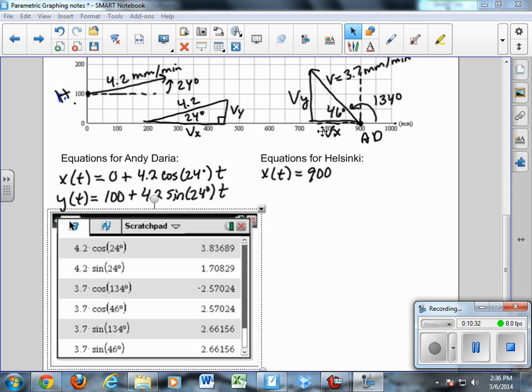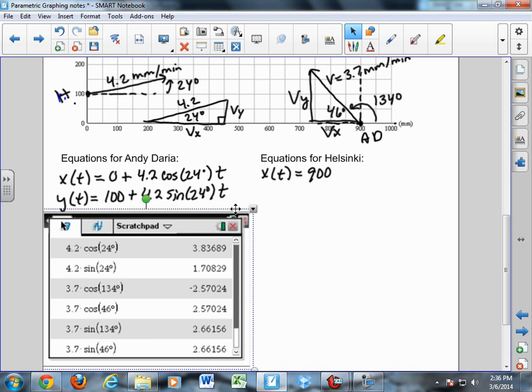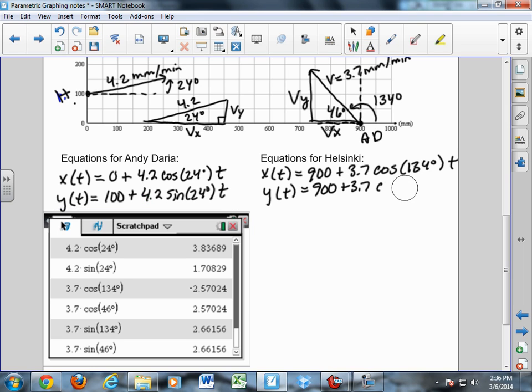So here's the way I would suggest to write it: x of t is equal to 900 plus 3.7 cosine of 134 degrees t, and y of t is equal to 0 plus 3.7 sine of 134t. Doing it this way, because of the 134 being in quadrant 2, it automatically makes your x component negative.